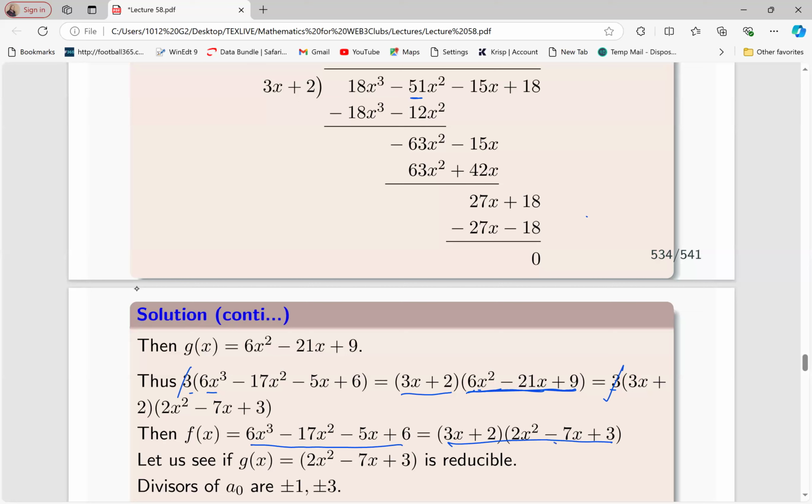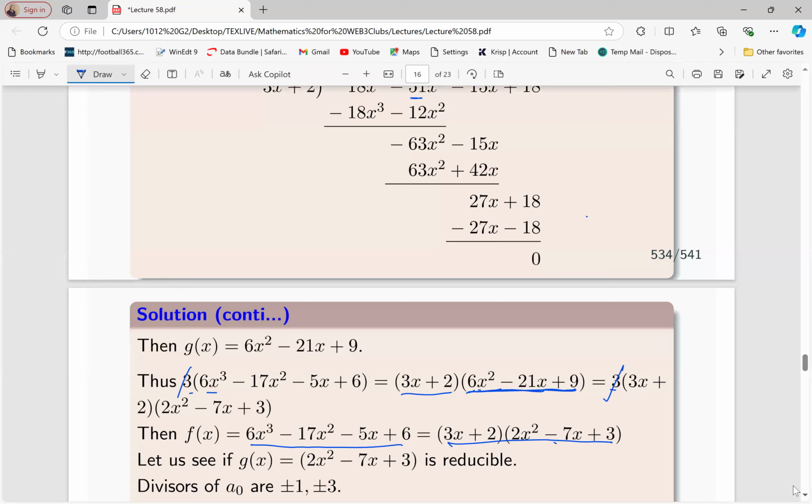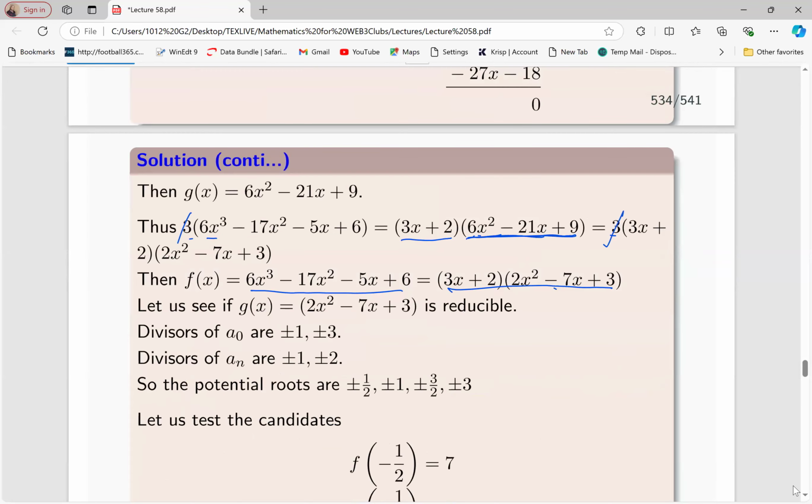So this one, again, you may want to use the same method to factorize. You have this polynomial, and you want to come up with P out of Q, where P are divisors of 3, which are this, and Q are divisors of 2, which are this.